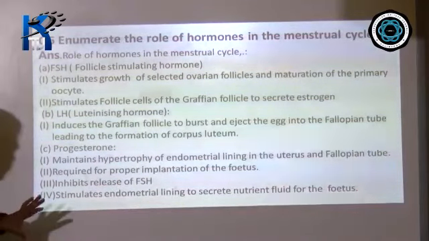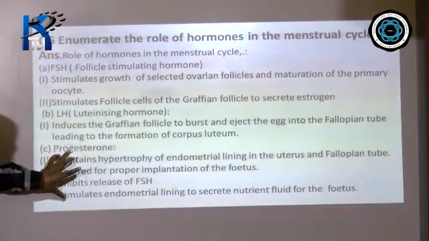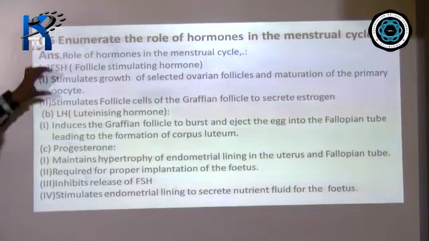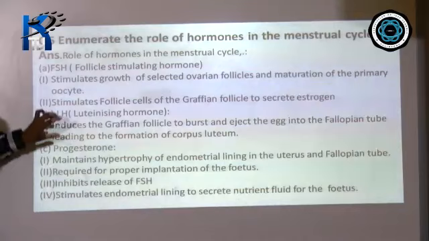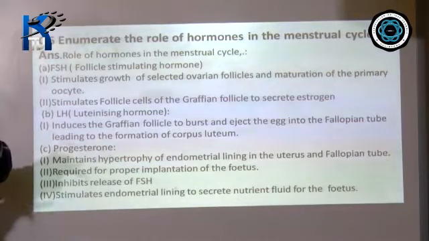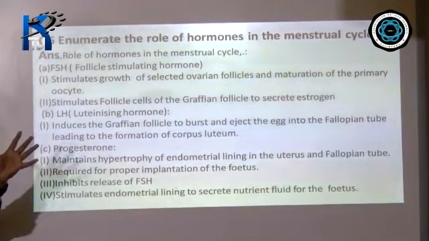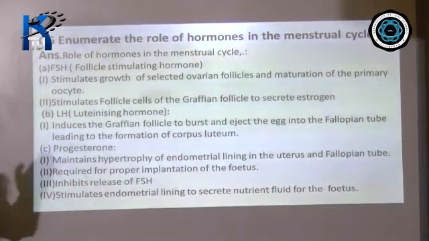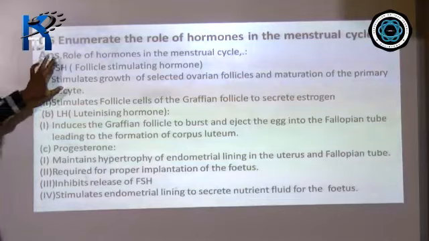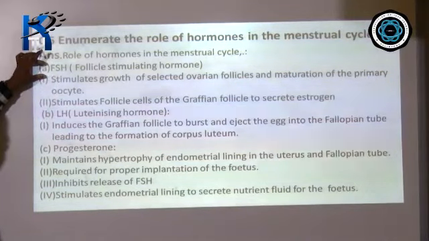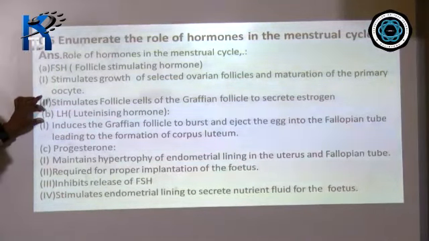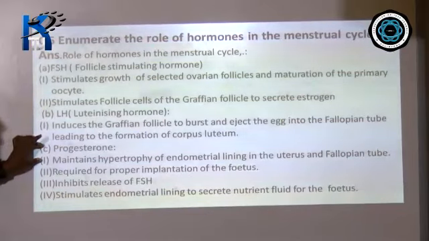Suppose, for example, I write progesterone above, follicle stimulating hormone down, then luteinizing hormone; you see that it does not give a good sequence. To write in the correct sequence, the first is follicle stimulating hormone, the second is luteinizing hormone, and the third is progesterone.